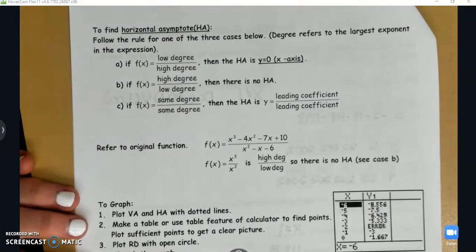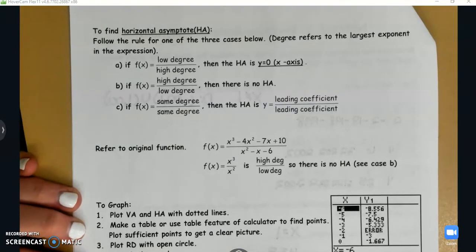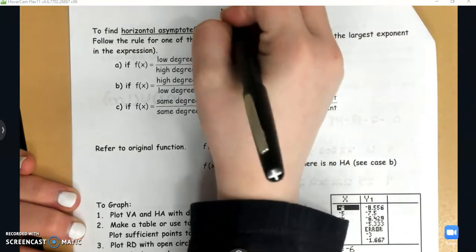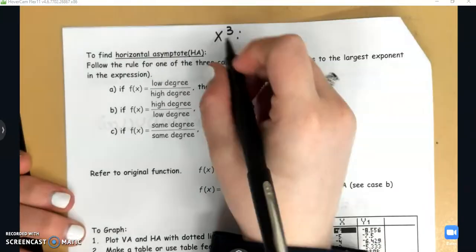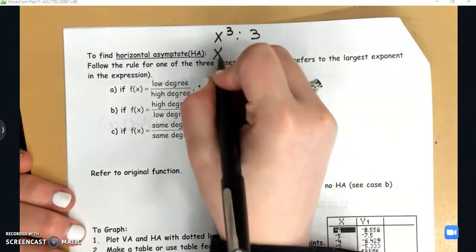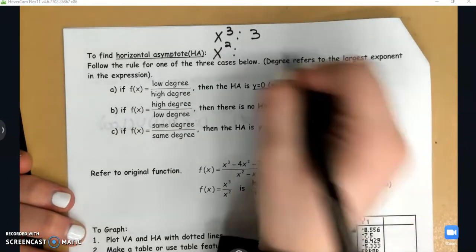Then your horizontal asymptotes follow 3 rules. And these rules have to do with the degree of your expression, which is the largest exponent. So for example, x cubed, that largest exponent is 3, so that would mean your degree is 3. X squared, your degree is 2.